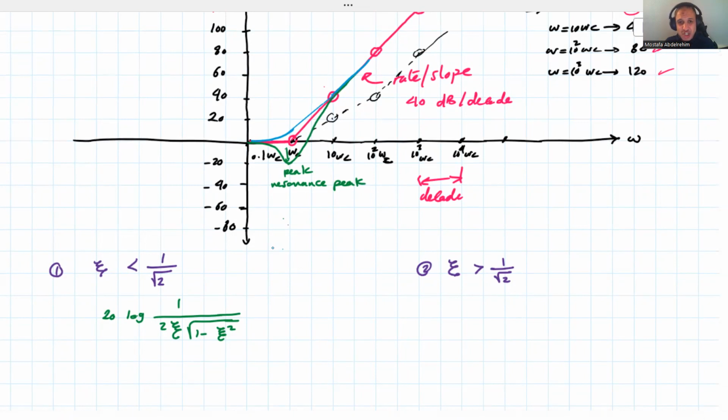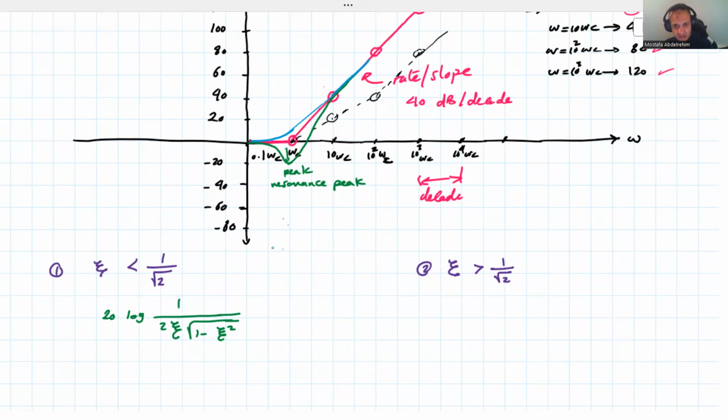So the change is only in the area from one decade before to one decade after omega c. Either you go down and up again, or you just make it smooth around omega c. That's how zeta interacts with our curve.